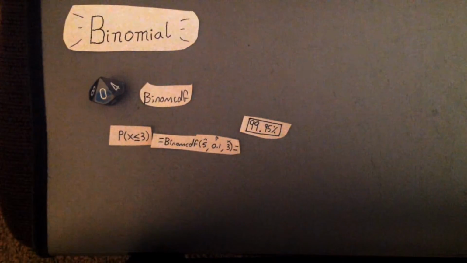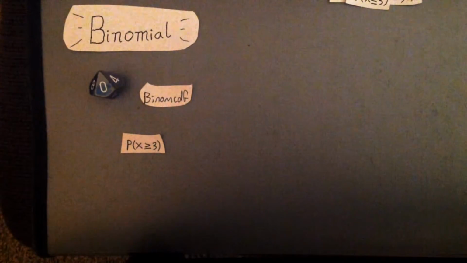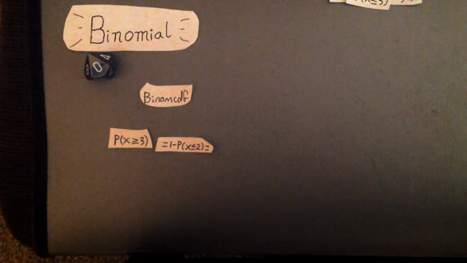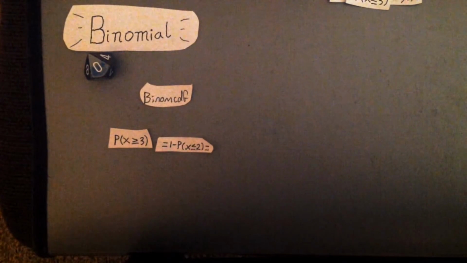To flip that on its head a little bit, let's say we want to find out at least 3 successes when I roll the die 5 times, right? Before you can put that in your calculator, you have to do a little bit of math. You have to find 1 minus the probability that x is at most 2, because Binom CDF only ever solves for at most.